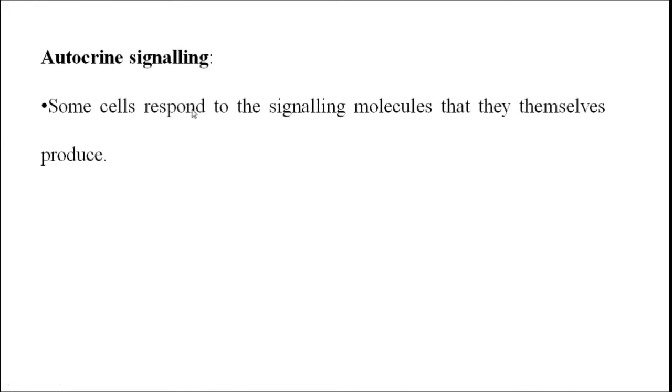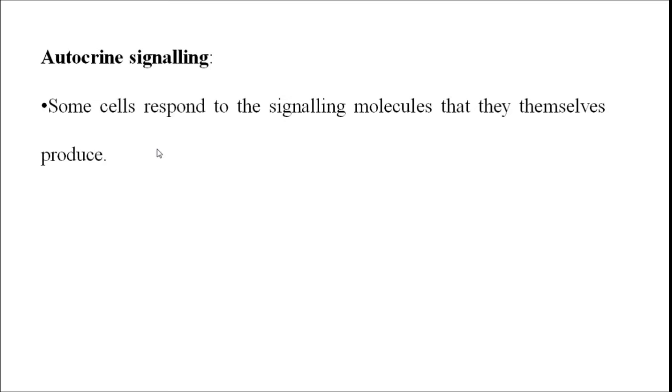Now, the next mode of signaling is autocrine signaling. In autocrine signaling, the cells produce the signaling molecule. These signaling molecules bind to the receptors of the same cells which produced them.